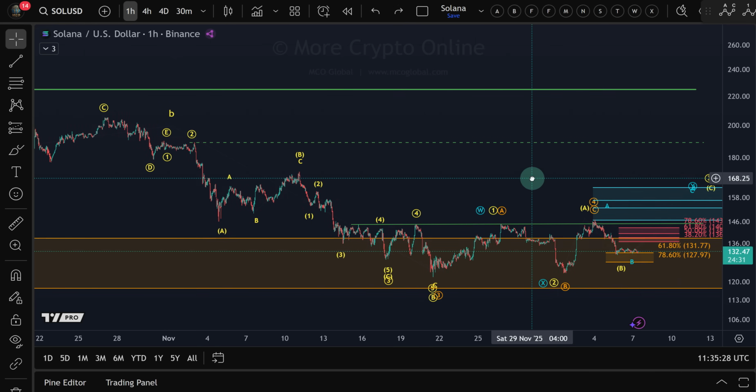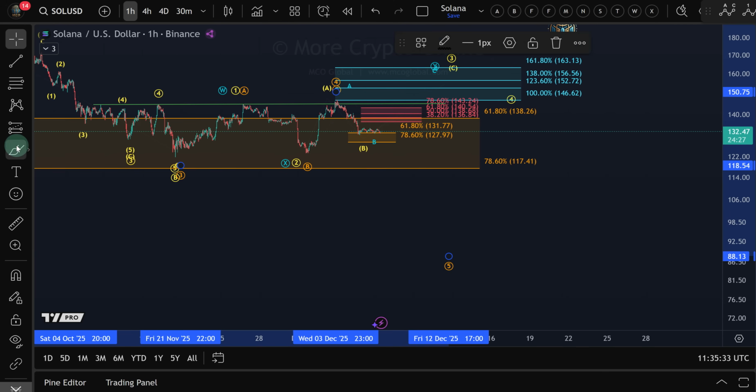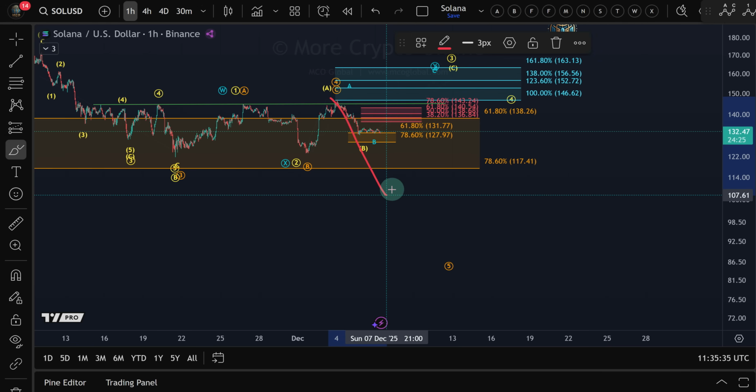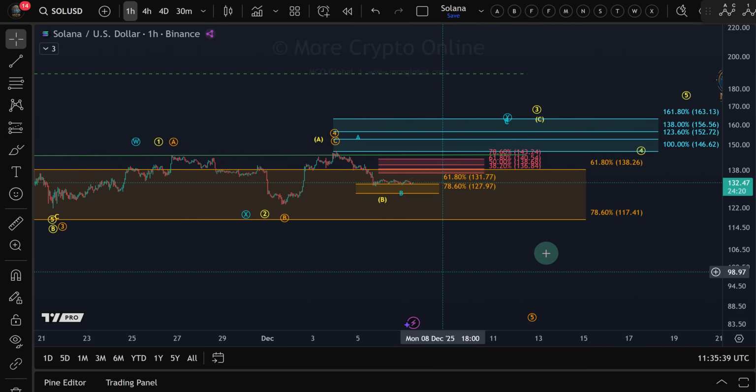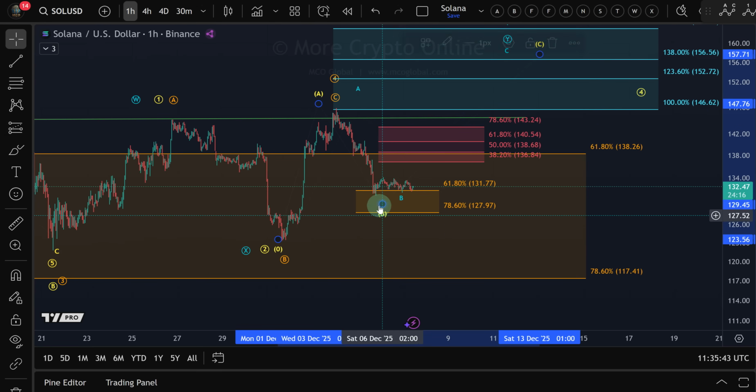The same scenarios that we have on the Bitcoin chart as well, in which the 5th wave down should be an A, B, C structure. So that's how I view this, which is why I don't really add much micro. I mean, I have added some micro counts, but it is a 3-wave move down.